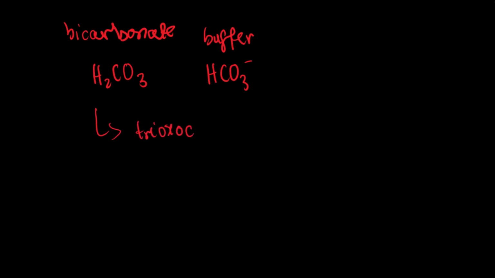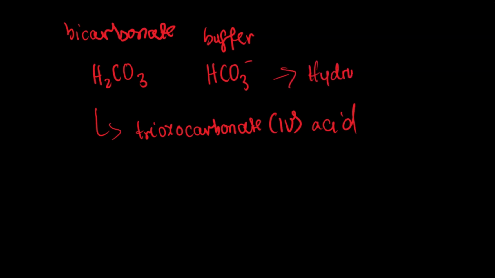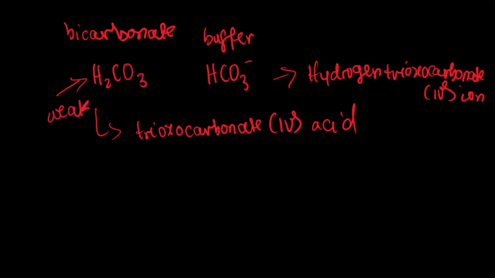Okay, so in chemistry, we would call this trioxocarbonate(IV) acid, and here we have the hydrogen trioxocarbonate(IV) ion. Okay, now this is an example of a buffer system. We have a weak acid here and we have its conjugate base.